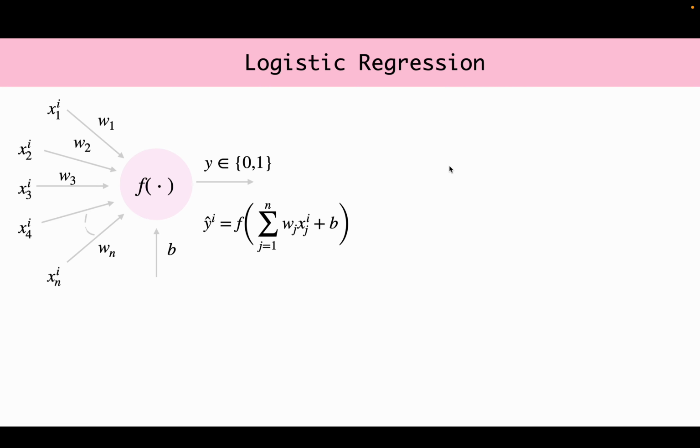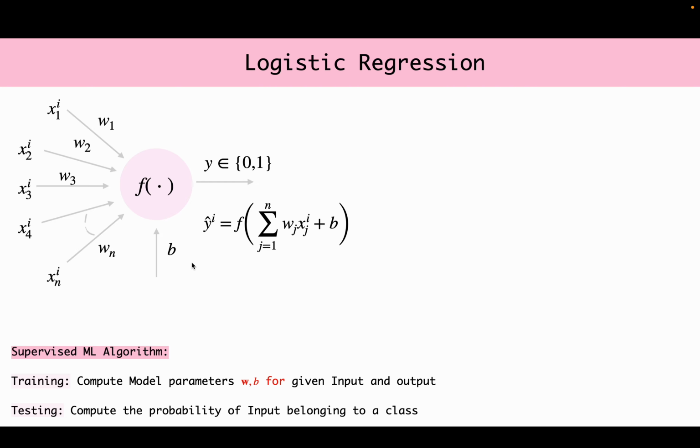What we have after the dot product between the input and the weights is a pre-activation, which is this term, and this term passes through the activation function f to obtain the predicted output y cap. Our goal during the training stage, as it is a supervised machine learning algorithm, is to minimize the error between the y and y cap such that we obtain the optimal model parameters w1, w2 and so on, wn, and also b.